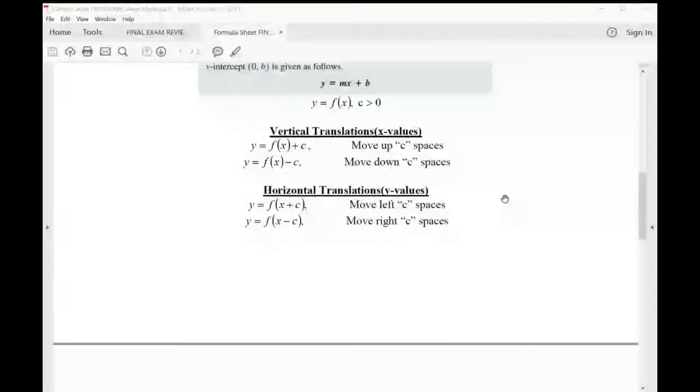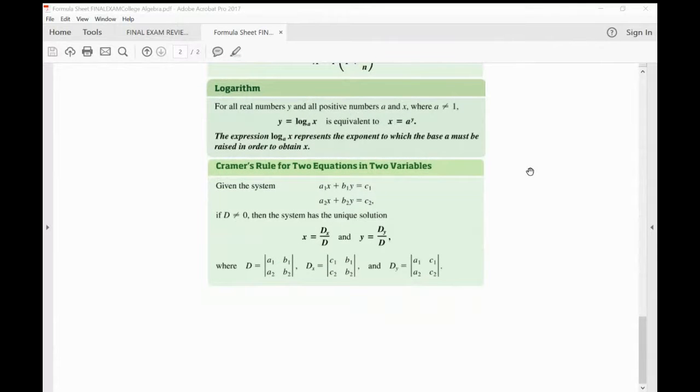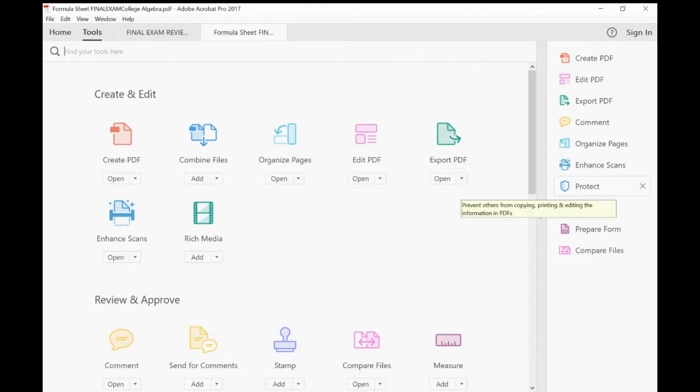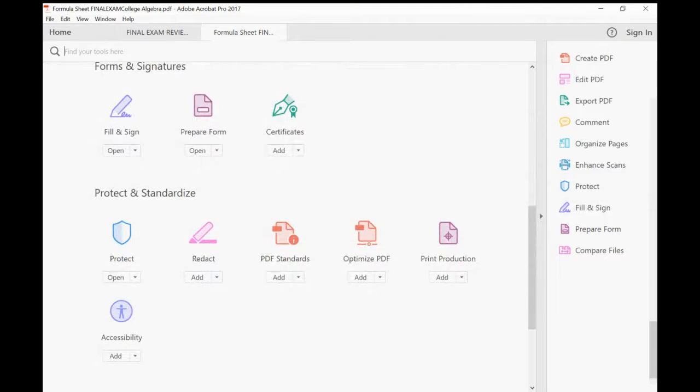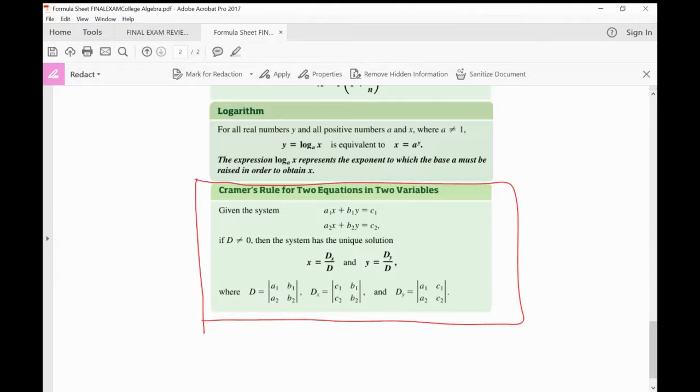So let me go down to where we have, here we go. Yes, this one here. Okay, so this is what I'm going to use. I'm going to use this Cramer's rule business right here to do this problem.